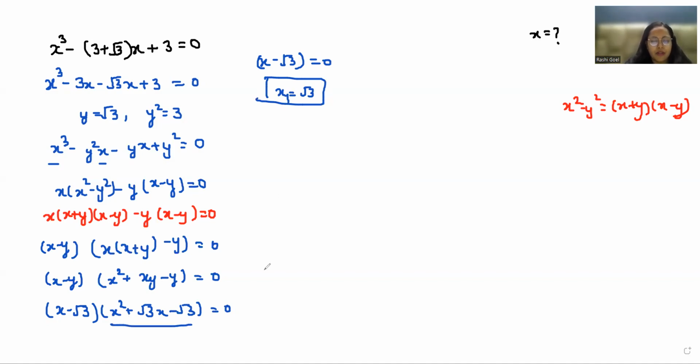Now I'm going to simplify this with the help of the quadratic formula, that is negative b plus minus square root of b square minus 4ac, by 2a, where a is the coefficient of x square, that is 1, b is the coefficient of x, that is square root of 3, and c is the constant, that is negative square root of 3.